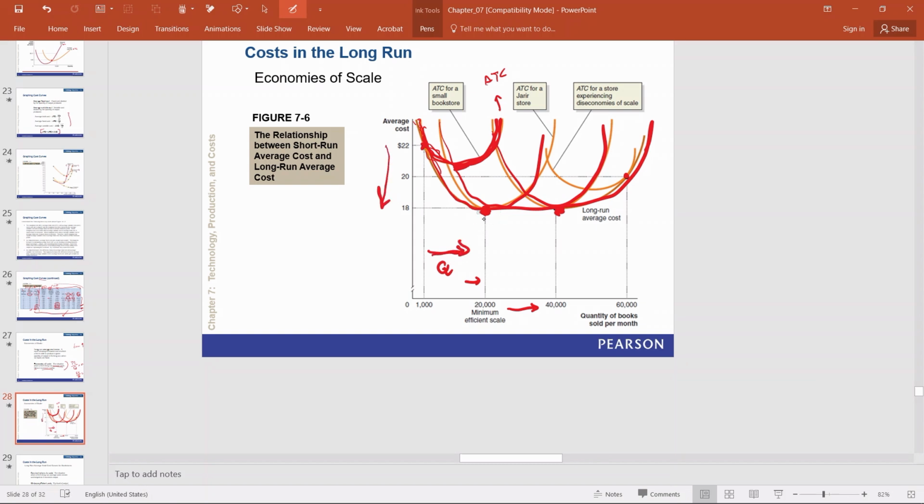That's why big companies like Amazon, Carrefour, Lulu operate in very large quantities. So their average total cost is at a much lower minimum level compared with groceries.